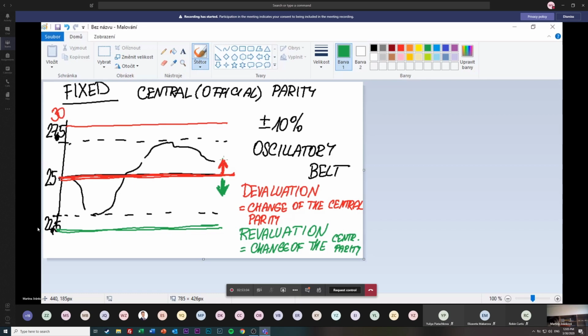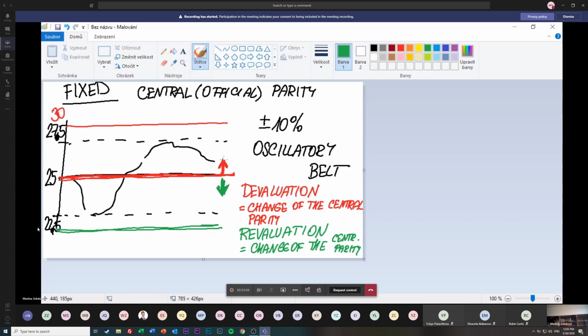What does it mean? That means that I will announce ahead the changes of the central parity. So I will declare from the 1st of January 2021, there will be the change of the central parity from 25 to 27. From the 1st of January 2022, there will be the change from 27 to 29.